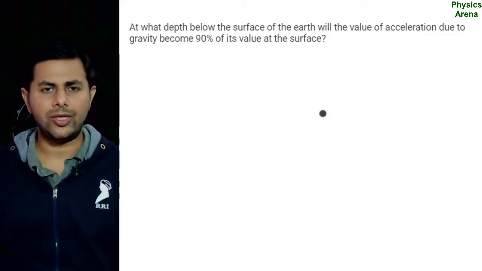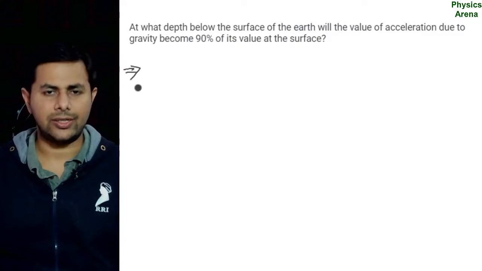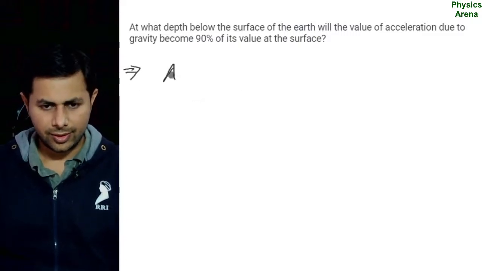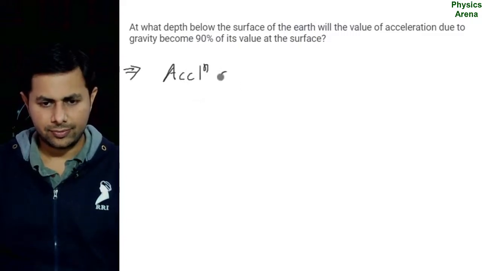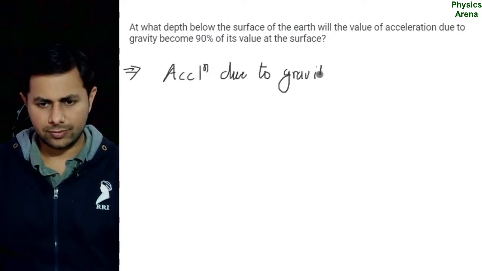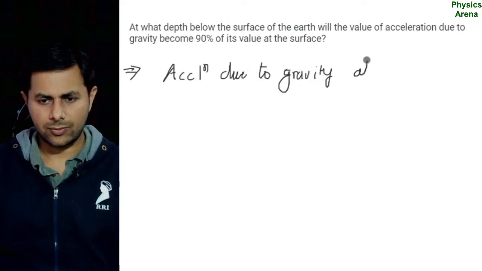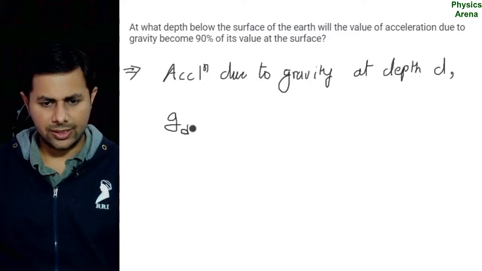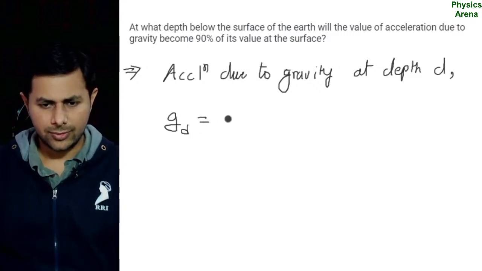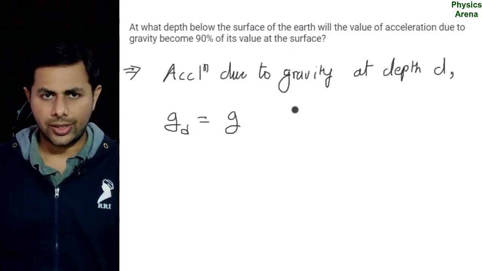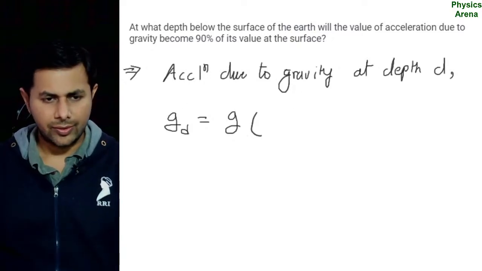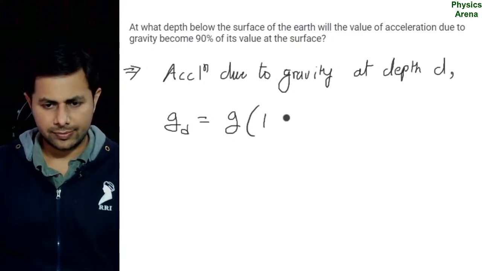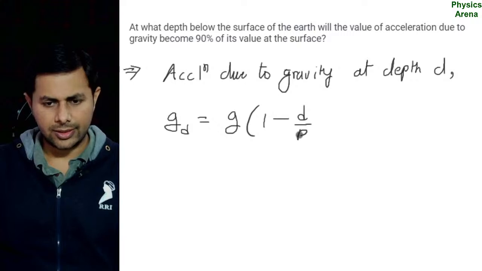We have the simple formula for acceleration due to gravity at depth d. Acceleration due to gravity at depth d is g_d, and that's equal to acceleration due to gravity on Earth's surface multiplied by 1 minus d by r.